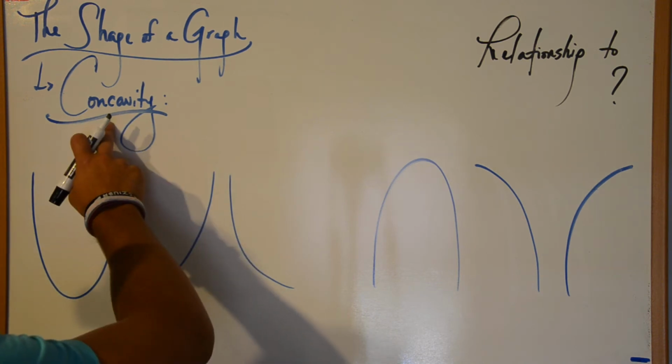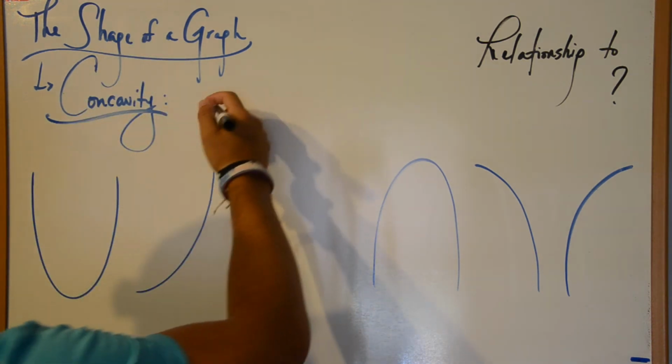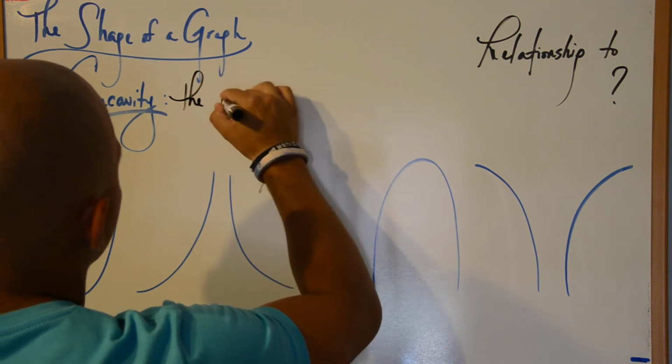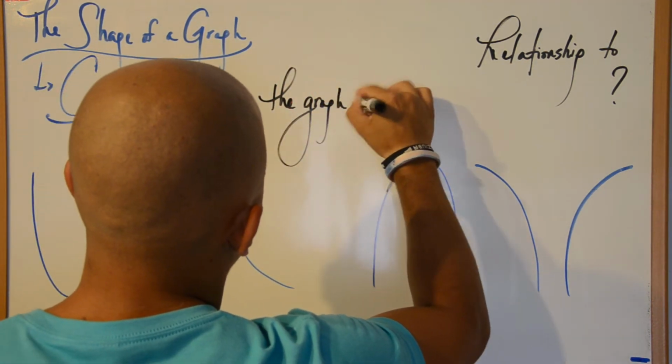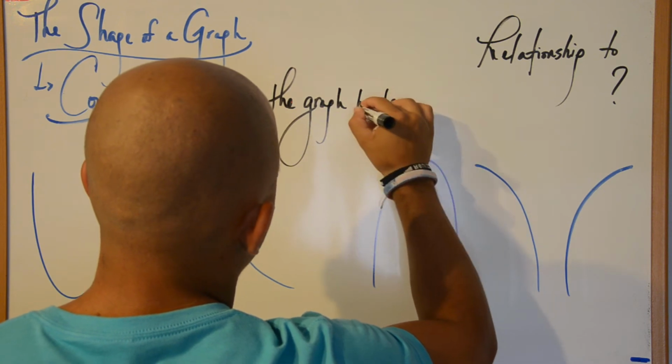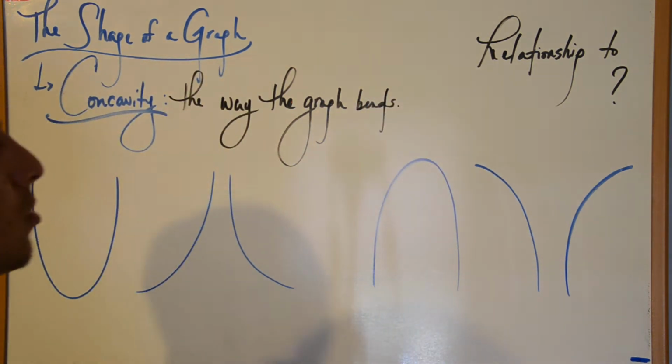So when we talk about concavity as it pertains to the shape of a graph, we're talking about the way the graph bends. Okay?